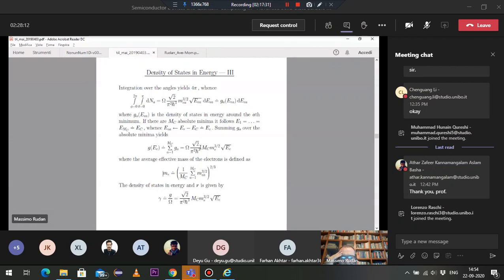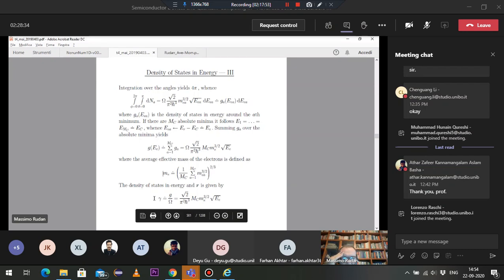It is very easy to go from this expression to the expression of a combined density of states. Combined means considering also the density in the physical space. Why? Because we simply divide by the volume, omega, okay?